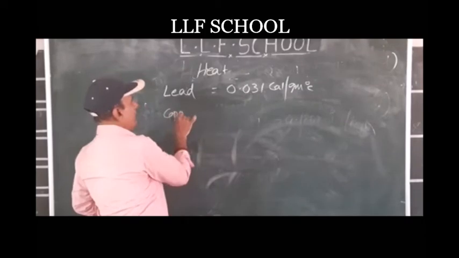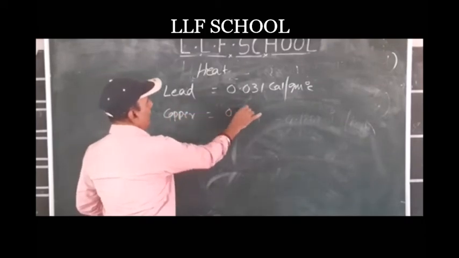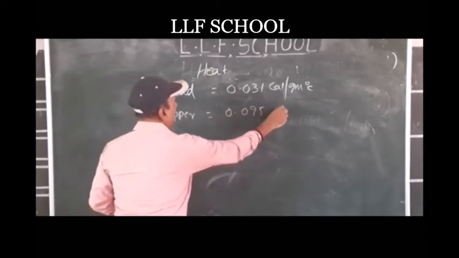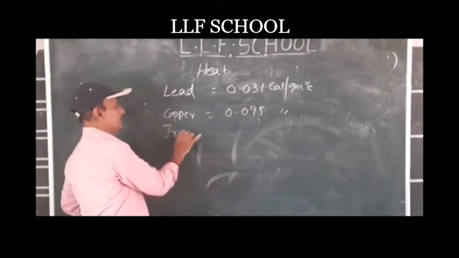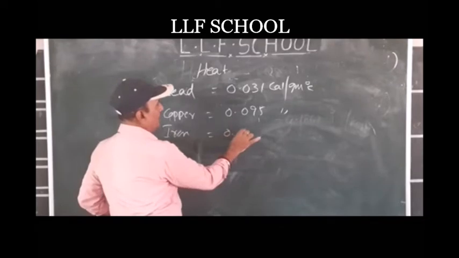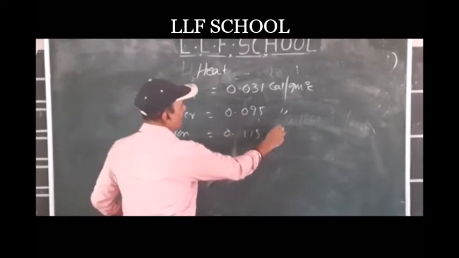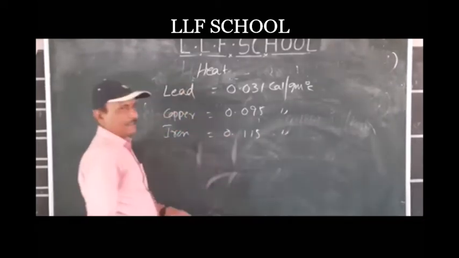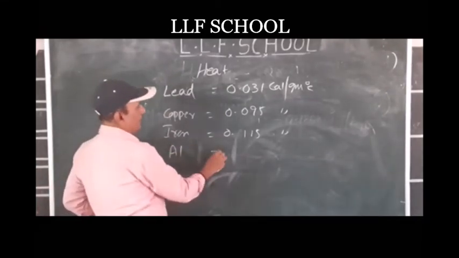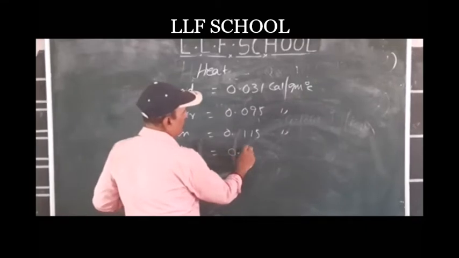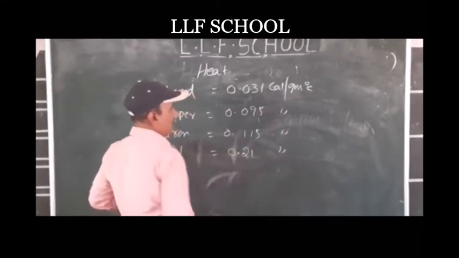Copper is 0.095 calorie per gram degree centigrade. Iron is 0.115 calorie per gram degree centigrade. Aluminum is 0.21 calorie per gram degree centigrade.